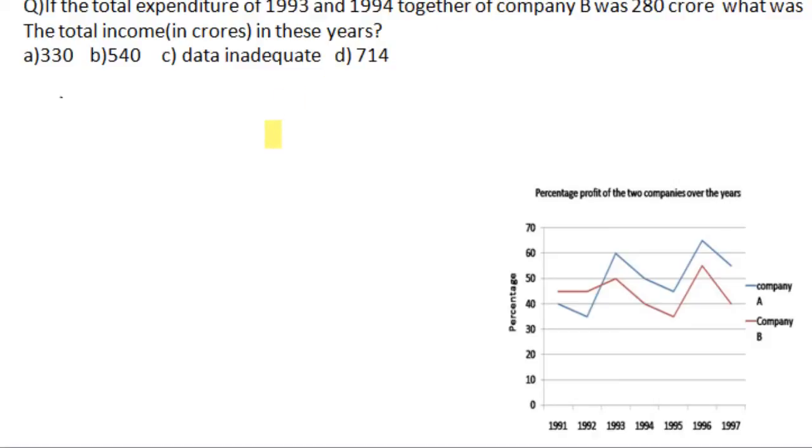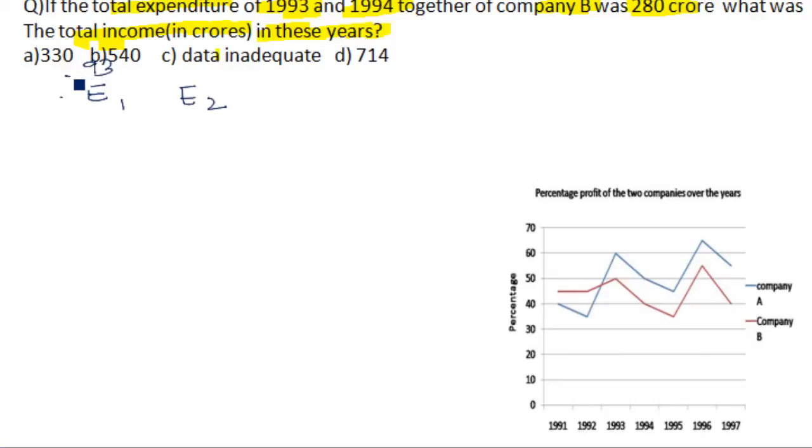Here the question is, if the total expenditure of 1993 and 1994 together of company B was 280 crore, what was the total income in crores in these years, right? So let's see. Say E1 and E2 are the expenditures.